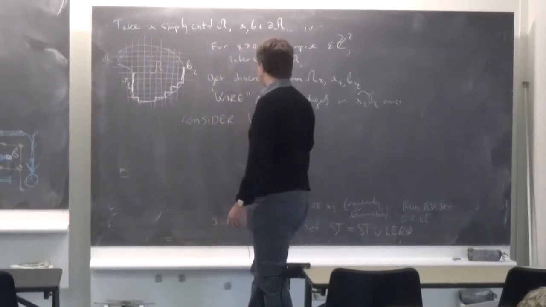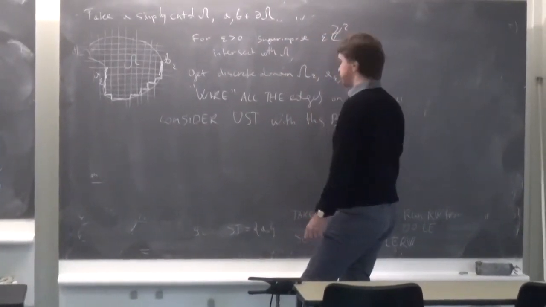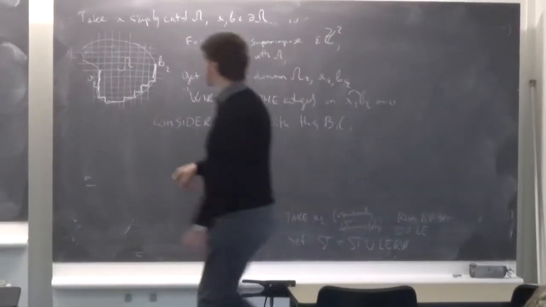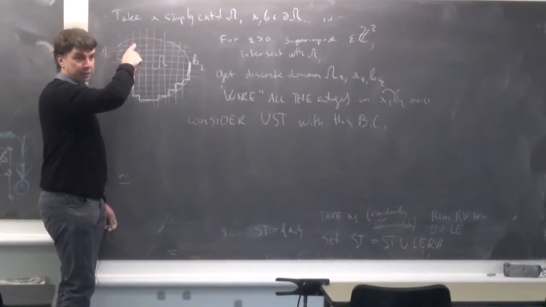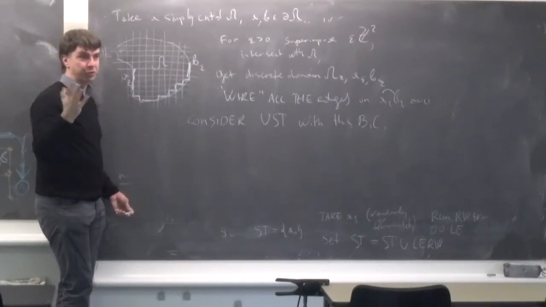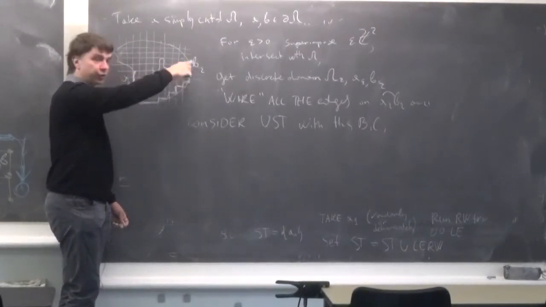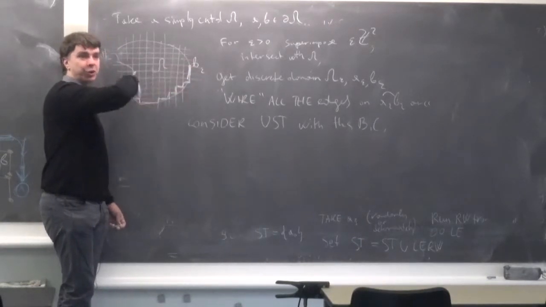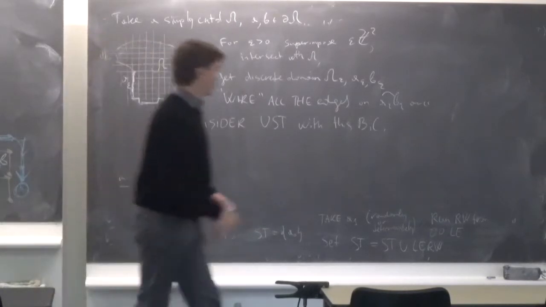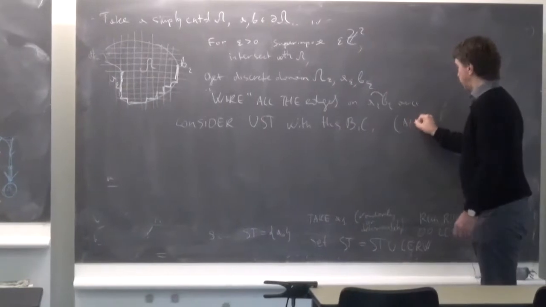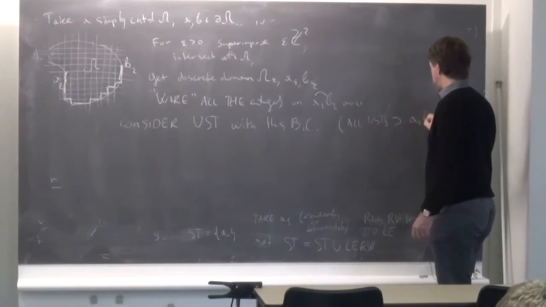Consider UST with these boundary conditions. So people say that the boundary conditions for the uniform spanning tree are wired between A and B and free between B and A. Basically free we already have seen, it's no boundary condition at all, just consider all spanning trees. And wired means that we take only spanning trees which include this branch. Or you can say that it's a root, so it's a tree which grows from this trunk.